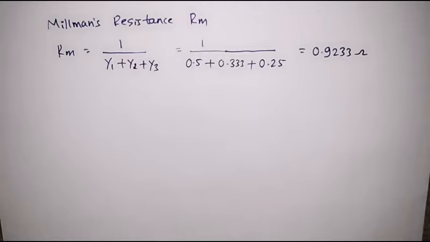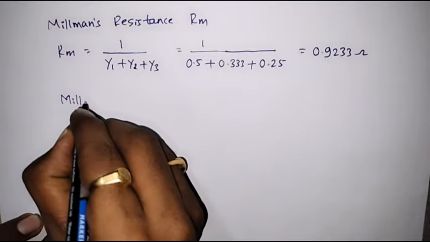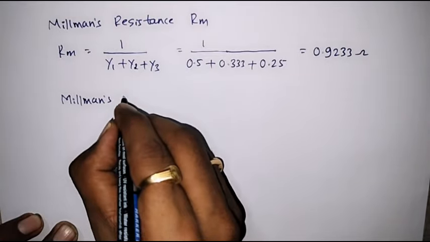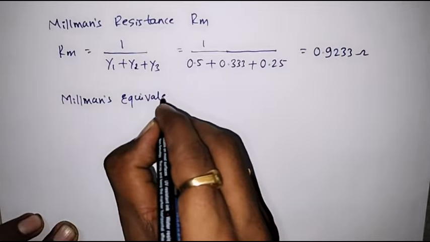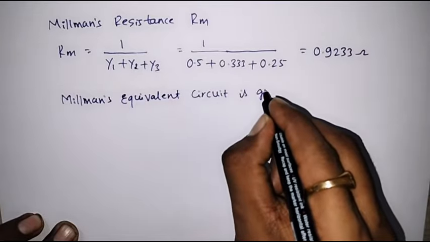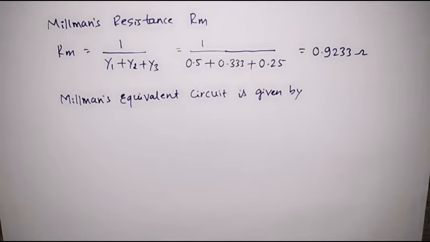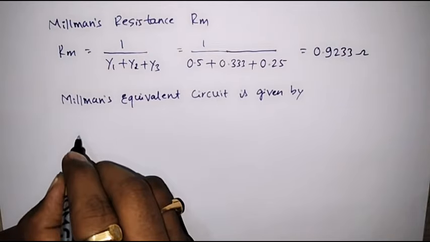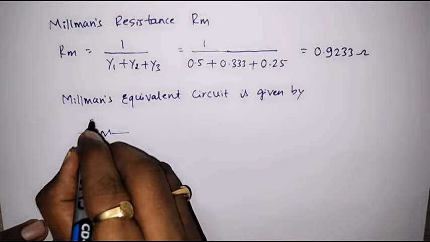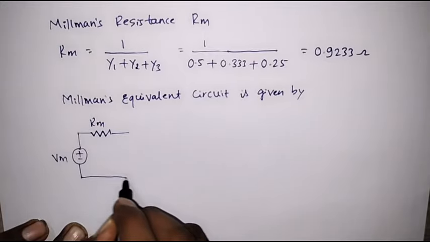After calculating Millman's voltage and Millman's resistance, we are supposed to draw Millman's equivalent circuit. Millman's equivalent circuit is nothing but Vm and Rm connected in series. So this is Rm and Vm is connected in series.